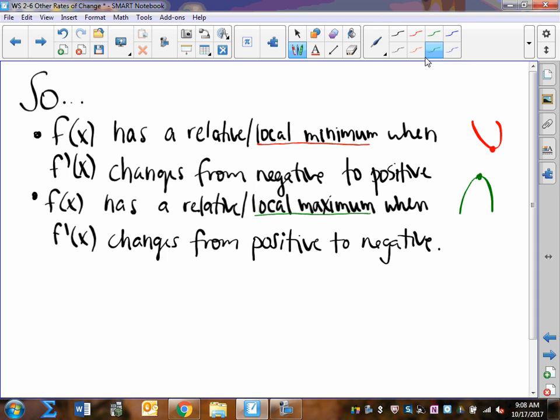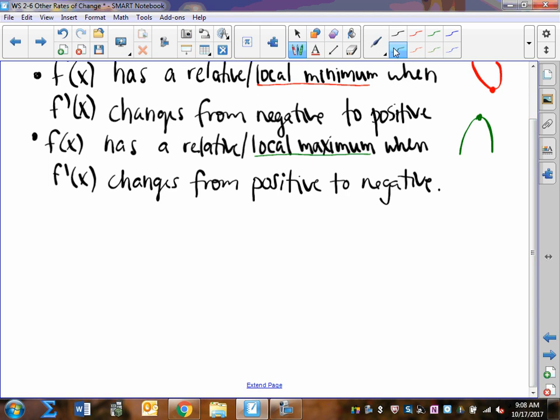We also talked about critical values. So let's go ahead and bring the big thing with critical values together. All right, f of x has critical values or critical points. Again, you'll see it referred to either way.